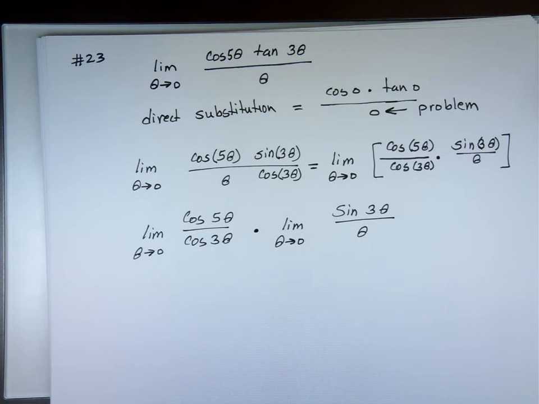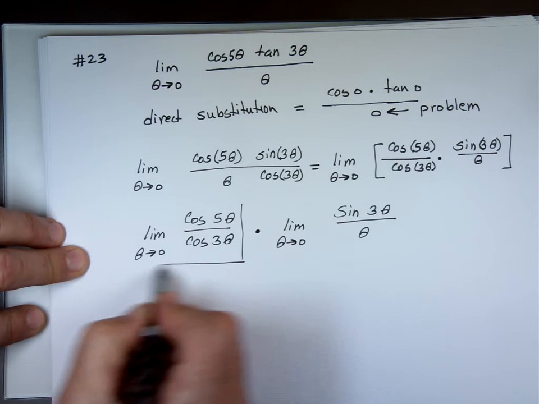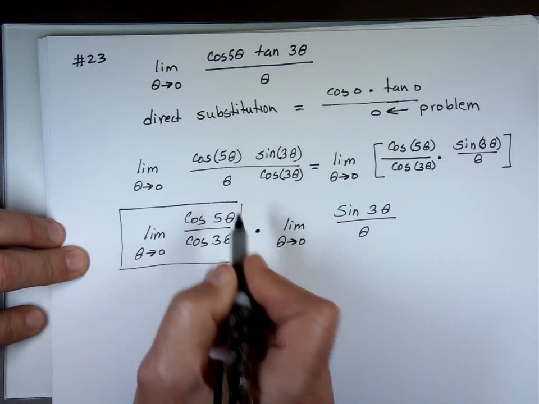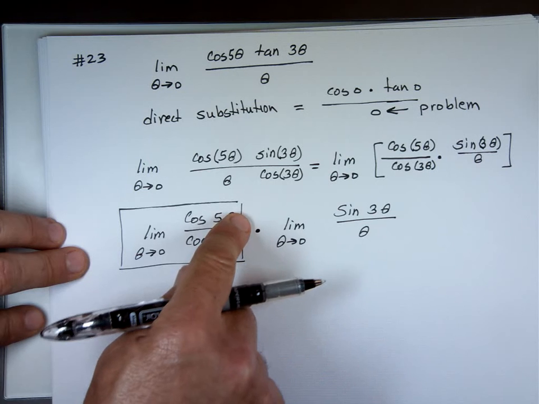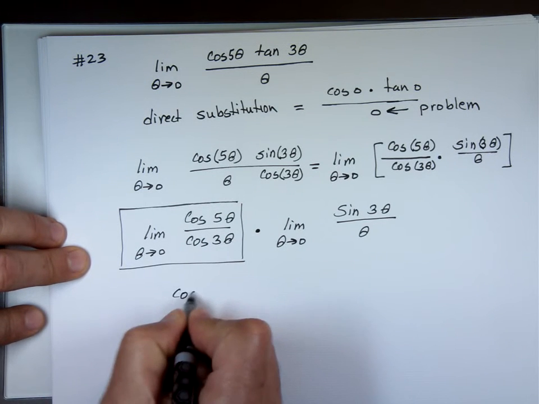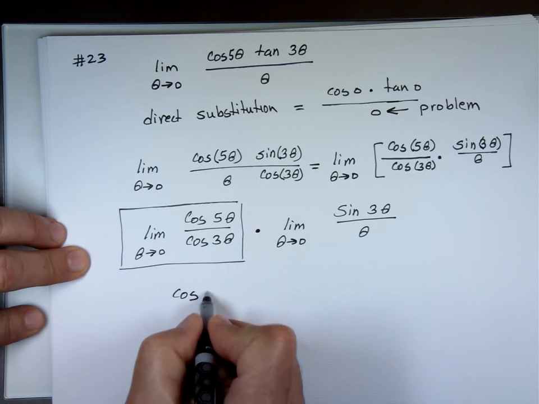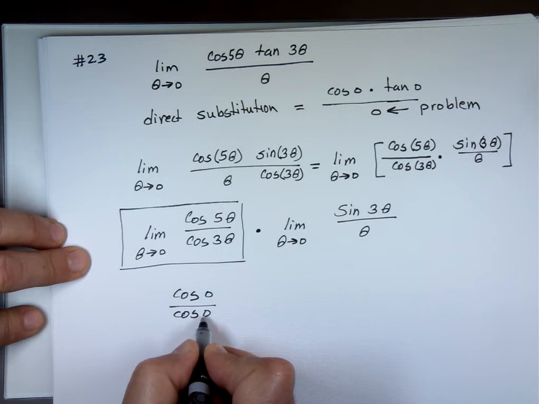Two pieces. This one I can actually find the answer to by direct substitution. That's cosine of 0 over cosine of 0, right? Theta is 0, 5 times 0 is 0, over cosine of 0. What's cosine 0 over cosine 0? Isn't that a 1?